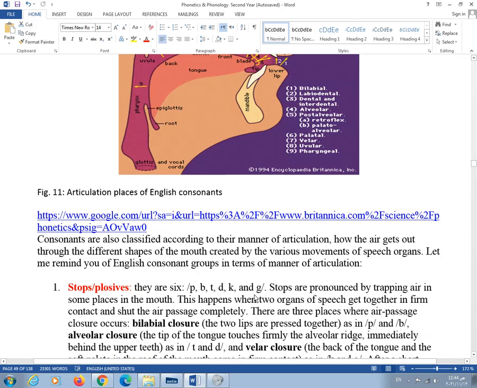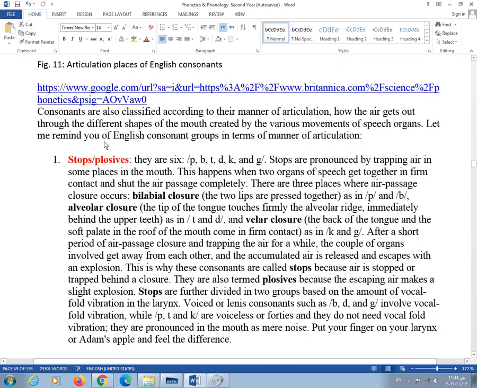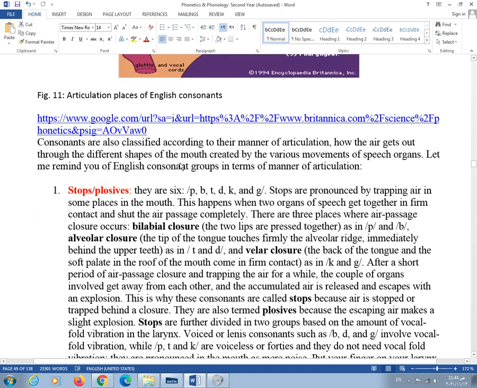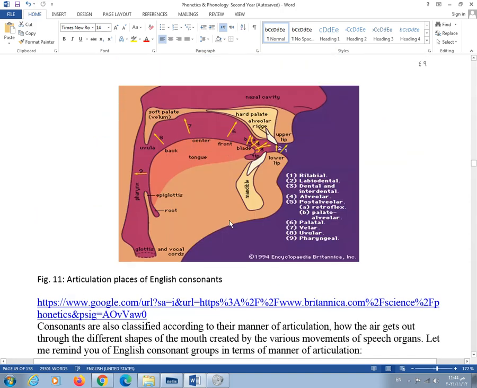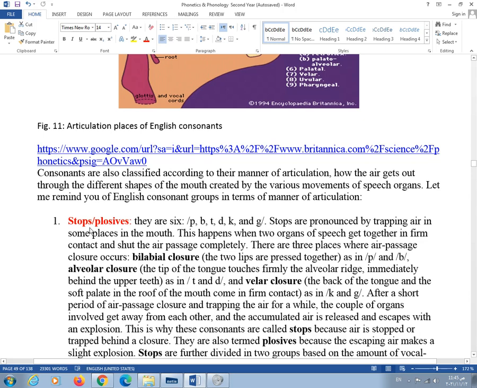Let's divide the English consonants into groups in terms of manner of articulation, because we talked about place of articulation: bilabial, labiodental, dental, etc. Let's talk about manner of articulation. How do we pronounce these consonants?